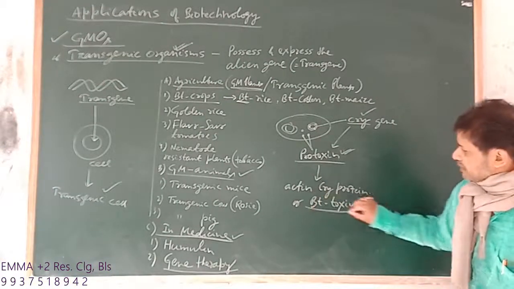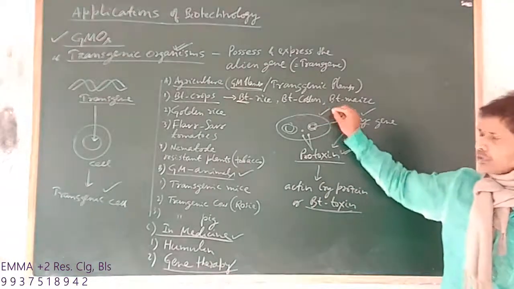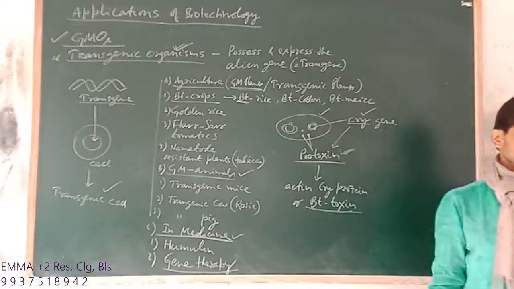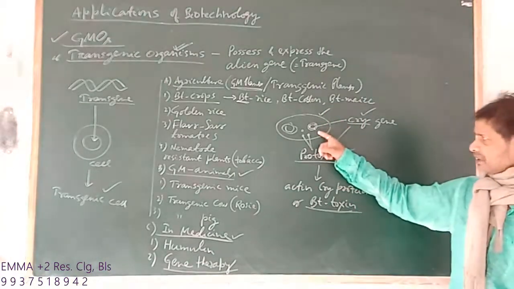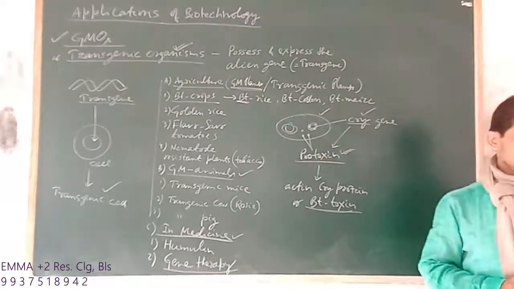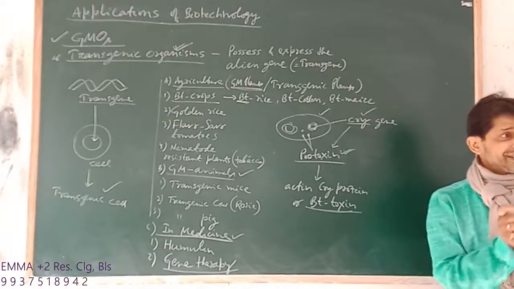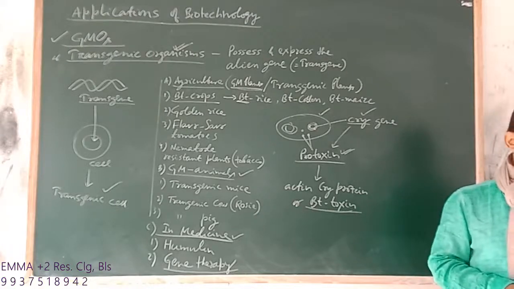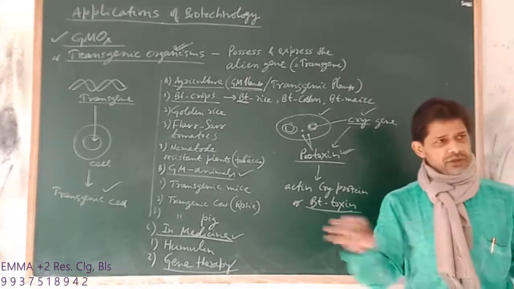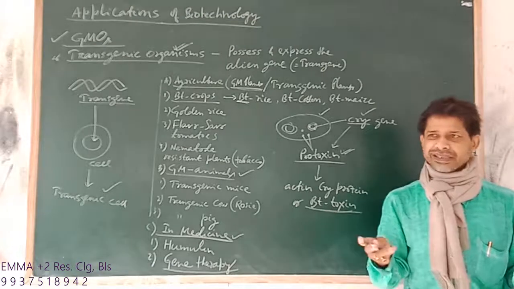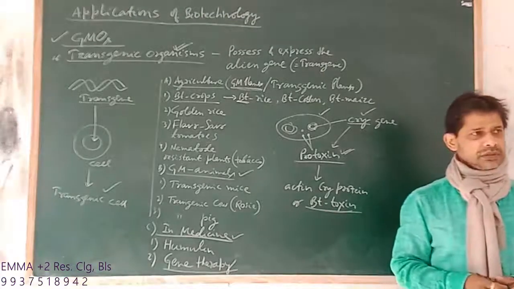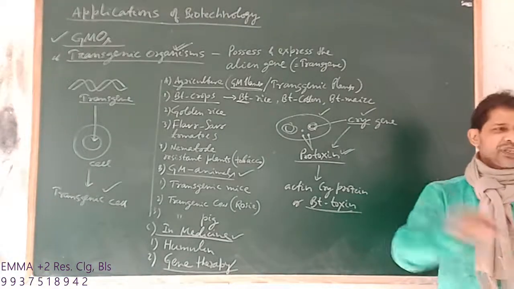So this Bt toxin is not harmful for the bacteria itself, because in the bacteria it is in an inactive state, but this is harmful for insect caterpillars. So mostly in agriculture we are getting very less product due to this insect infestation.